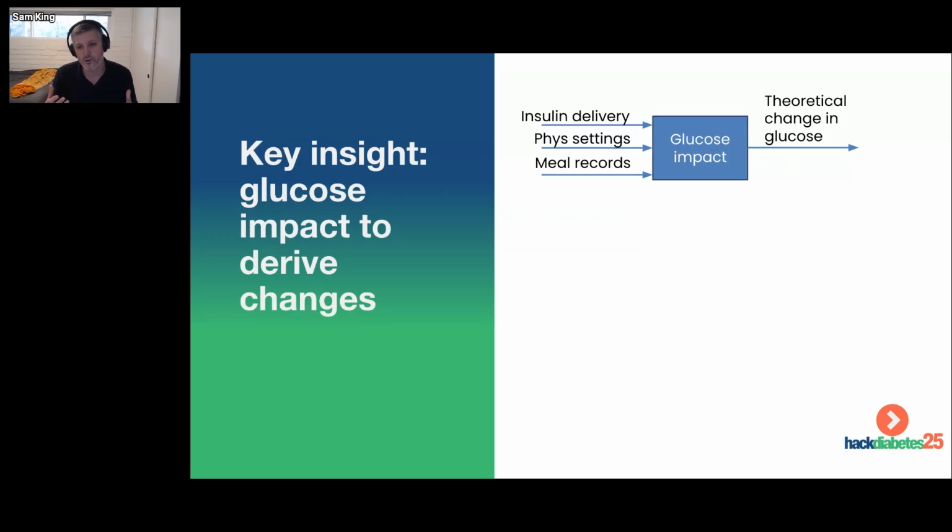Essentially, what glucose impact means is if you look at insulin delivery history, you look at the physiological settings, you look at carb announcements, you can take these different settings and mathematically calculate how you would expect glucose values to change. So let's say that you have a ton of insulin that's active, no meals that you know about, you would expect glucose to drop. And you can calculate this using some physiological models. And the result is what's essentially a theoretical change in glucose.